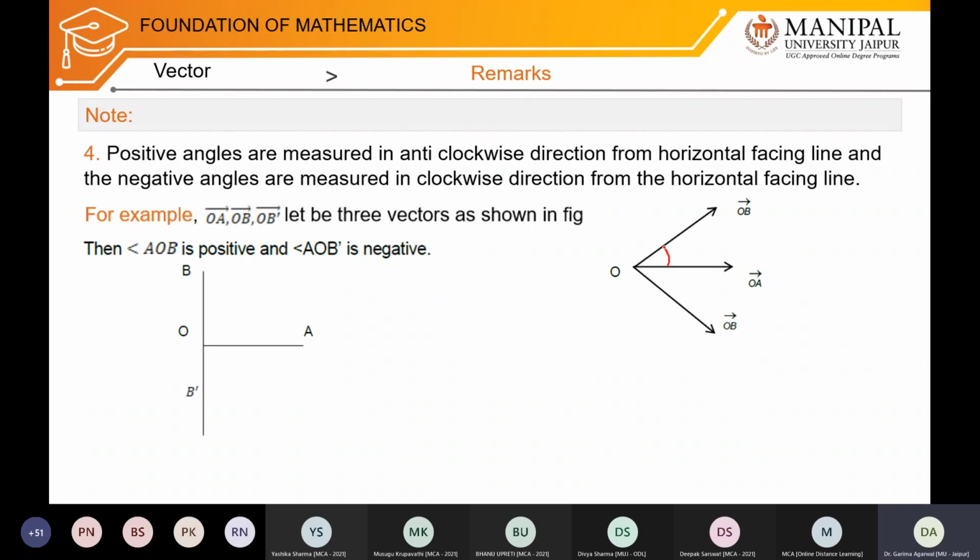For example, this angle is calculated through this line OA, or we can say x axis, in the anti-clockwise direction, then it will be positive. If we calculate it in the clockwise direction, then it will be negative. Like here, if we calculate this in anti-clockwise direction, this angle AOB is 90°, and if I calculate it in the clockwise direction, then this angle AOB prime is minus 90°. Clear?